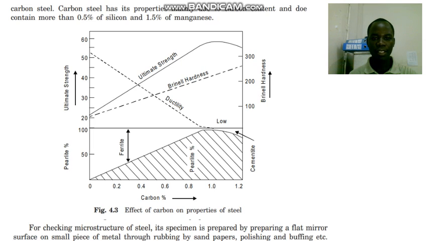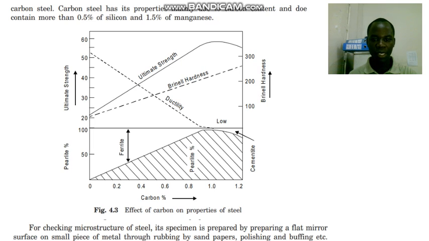That will make the steel more ductile. As you can see in the ductility graph, it is highest at about 53%, then the ductility decreases as we increase the carbon content up to 0.8% of carbon.